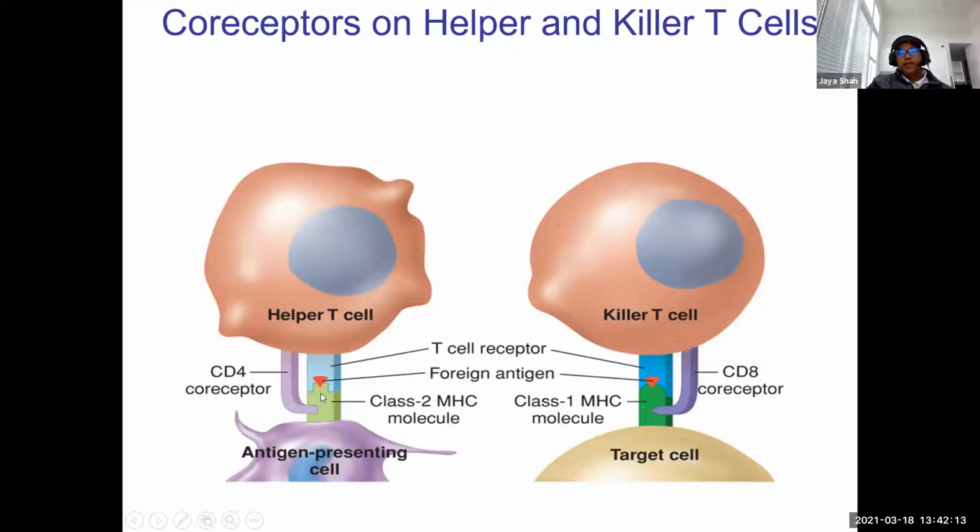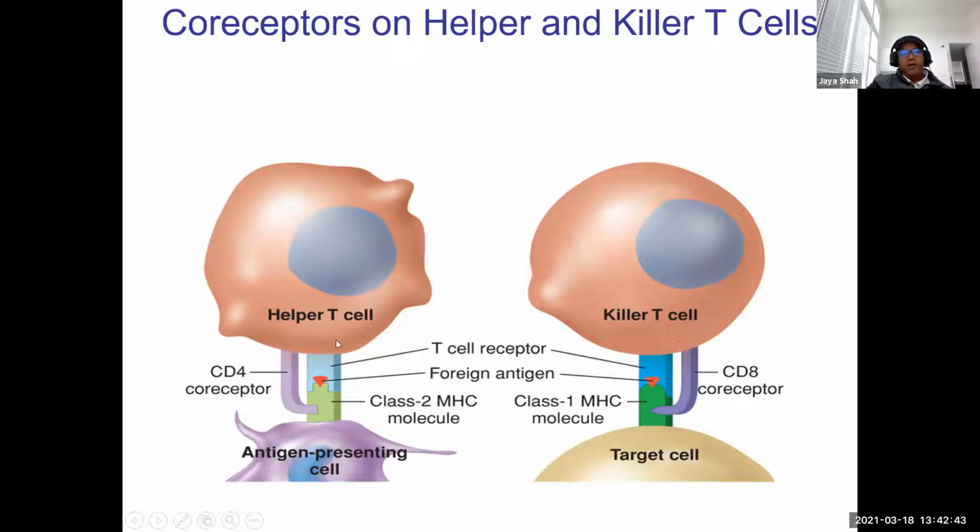Co-receptors on helper and killer T cells. Okay, so the helper T cell has its plasma membrane, and it has the CD4 co-receptor. CD4 is a cluster of differentiation, a kind of glycoprotein on the plasma membrane.